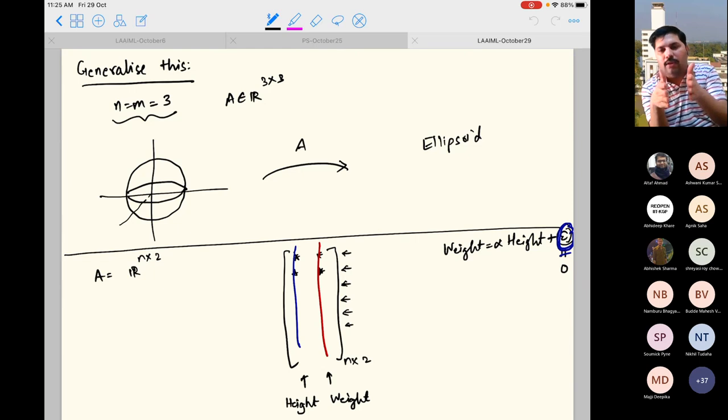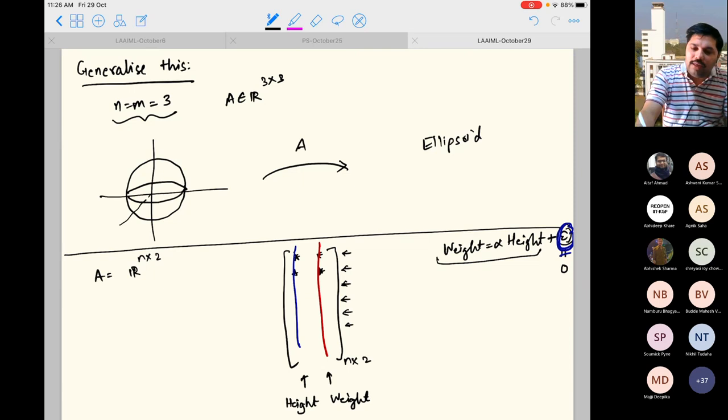I know that height and weight are very highly linearly correlated, meaning that there is a linear relationship of this type. If this linear relationship is such that weight is exactly equal to alpha times height, then I know that the rank of this matrix is 1, because one column is a linear multiple of the other column. But in reality, this relationship is not exactly linear.